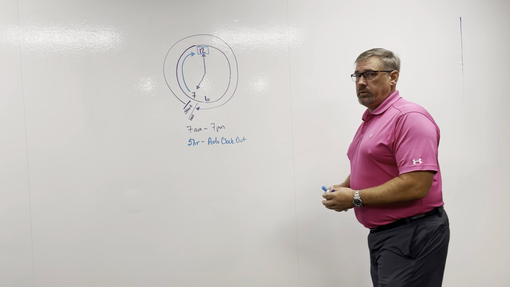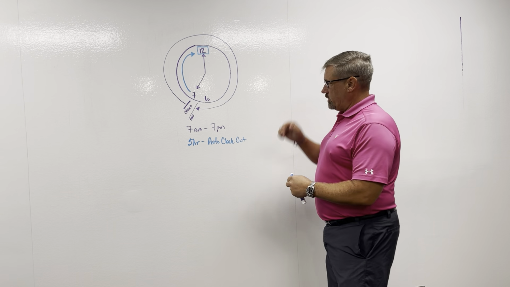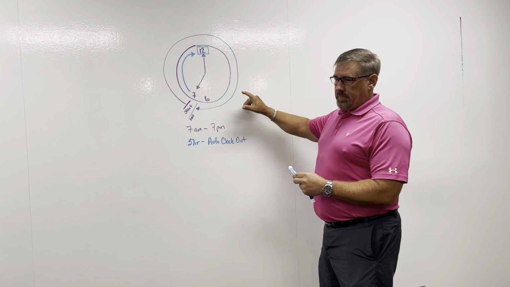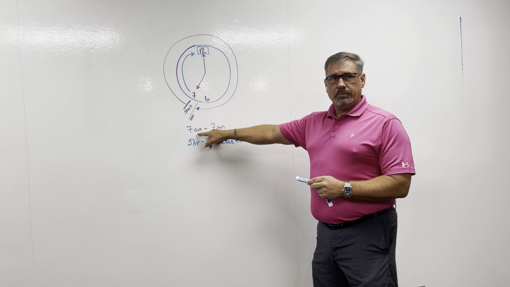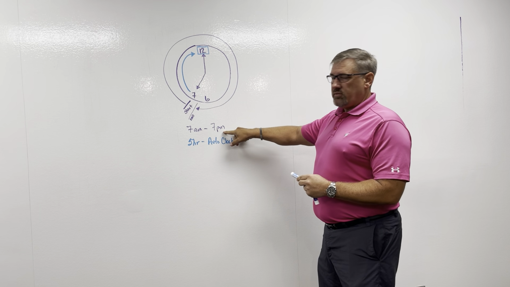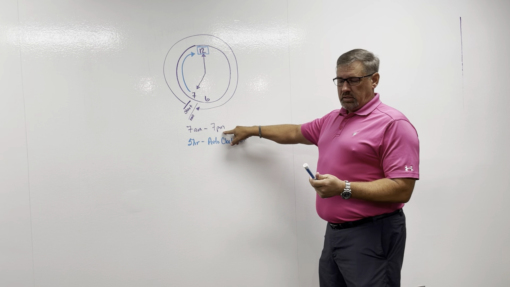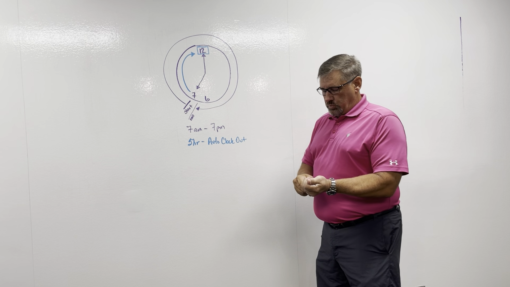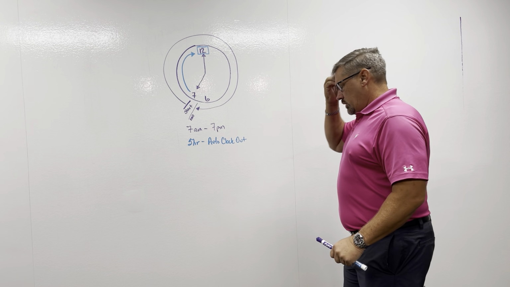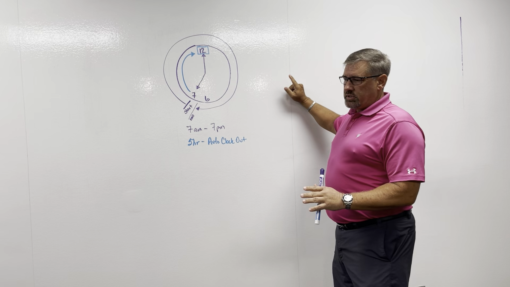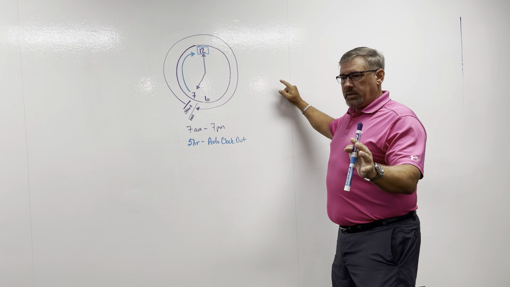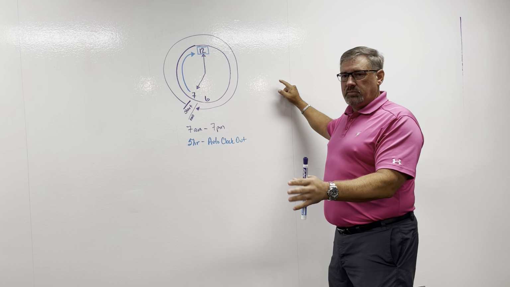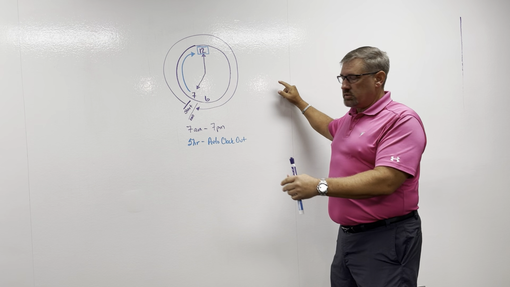Okay, today what I'd like to go over is the time clock, and the example I'm going to give is a 7 a.m. to 7 p.m. shift. Now, if you recall, the job order itself is going to have a described time frame that the contractor is going to accept a position.